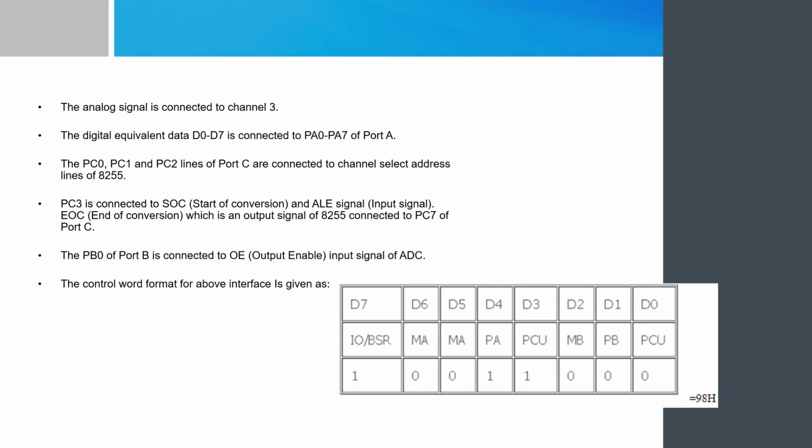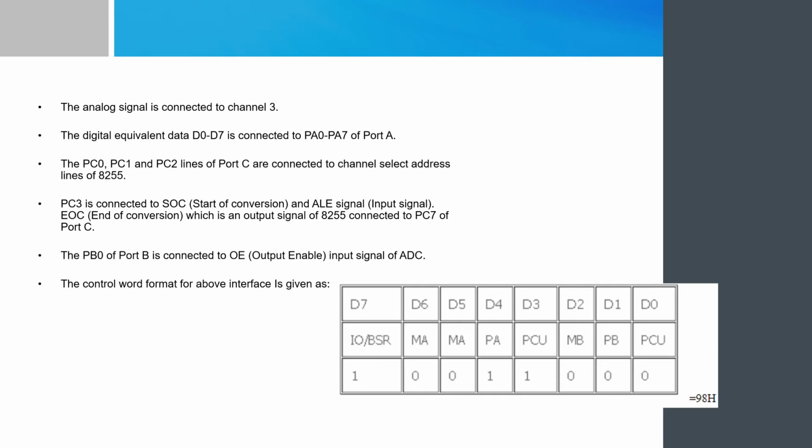PC3 is connected to SOC, start of conversion, and ALE, an input signal. EOC, end of conversion, which is an output signal of the ADC, is connected to PC7 of port C. PB0 of port B is connected to OE, the output enable input signal of the ADC.